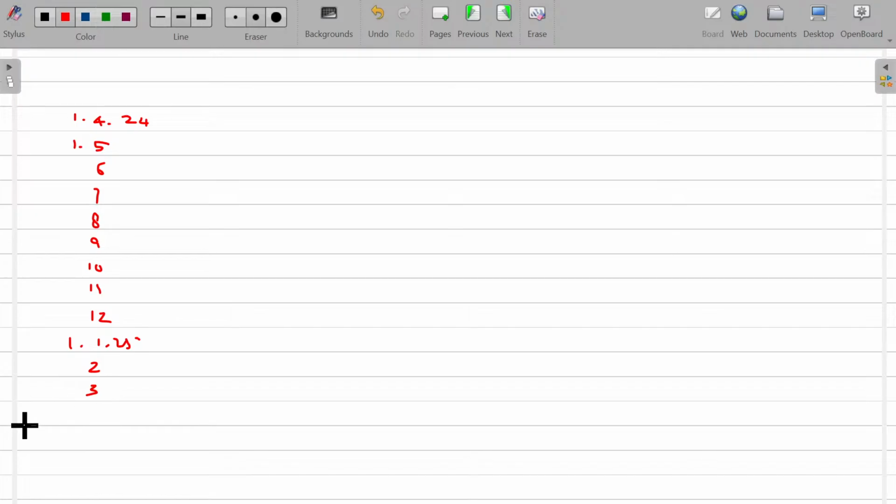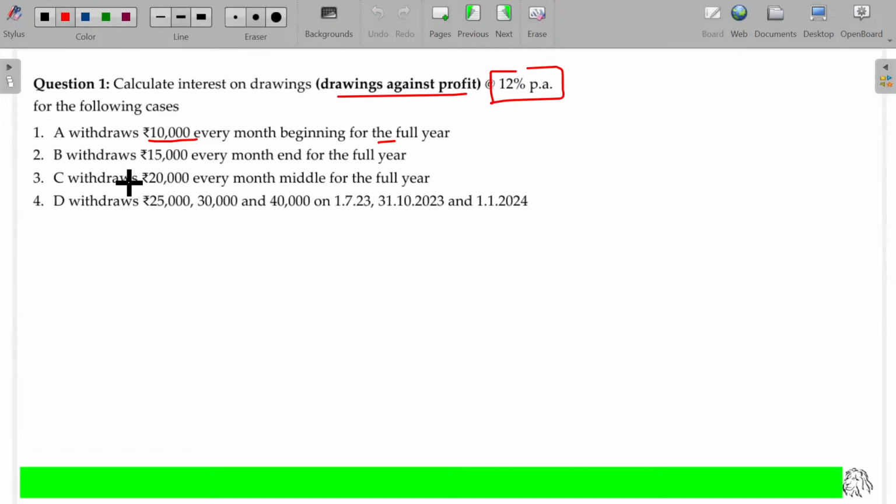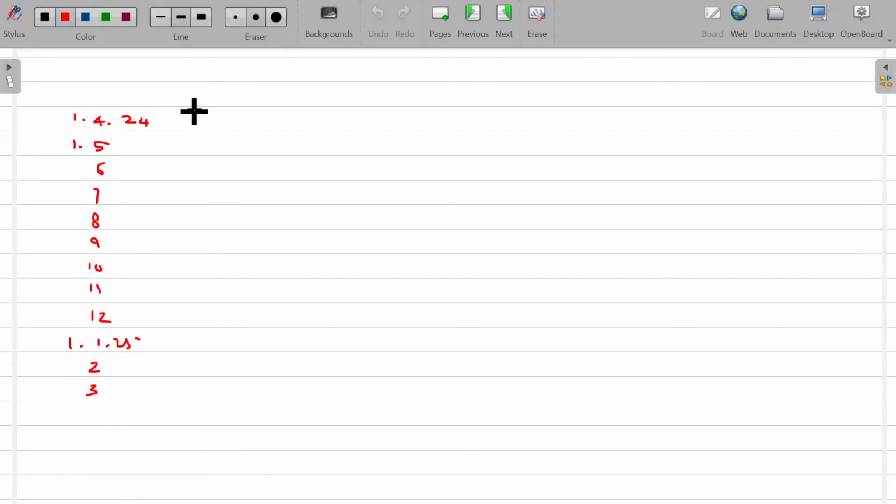Is that okay? How much is he drawing? He is drawing 10,000 rupees every month. Drawings here: 10,000.